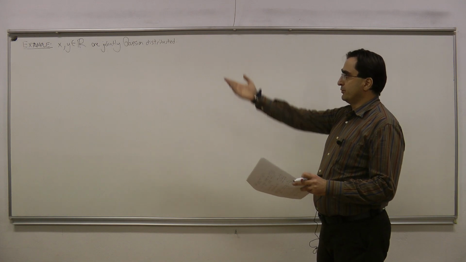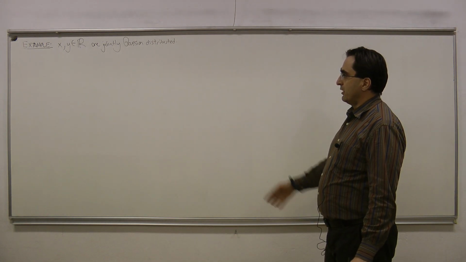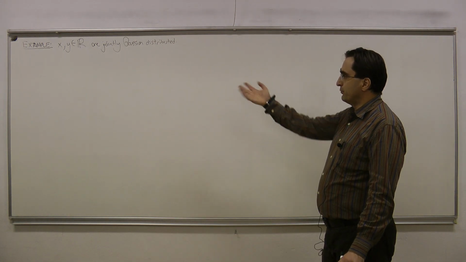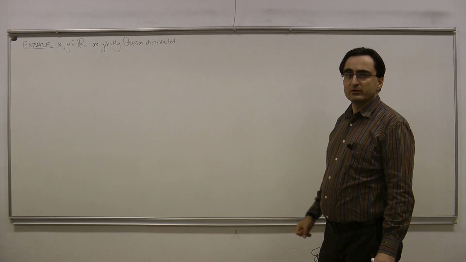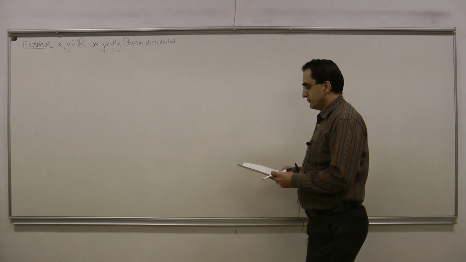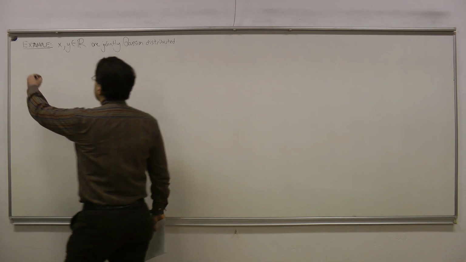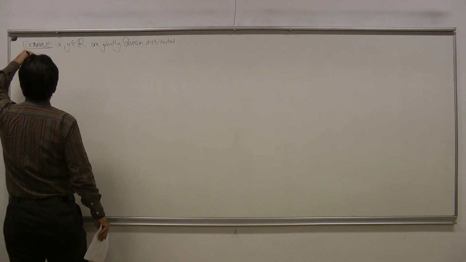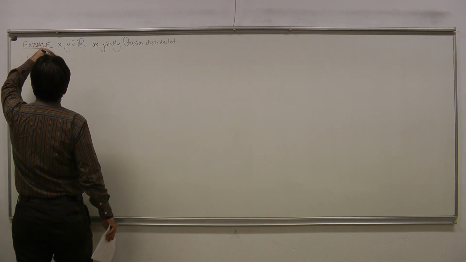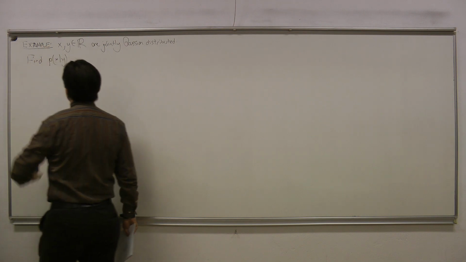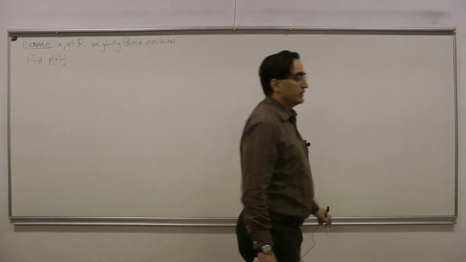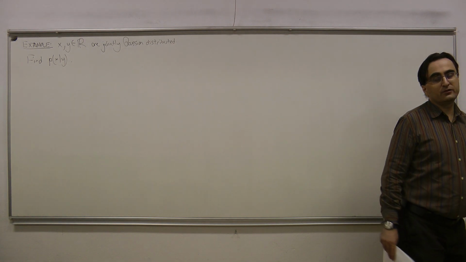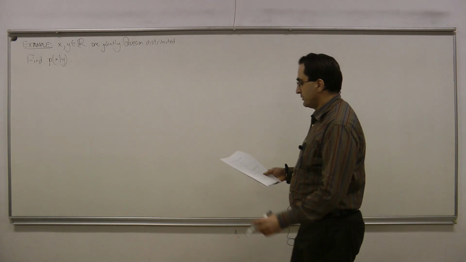It tells us that individually these random variables are Gaussian distributed, and furthermore their joint distribution is also a Gaussian distribution. So the task is simple. Find the probability of x given y.